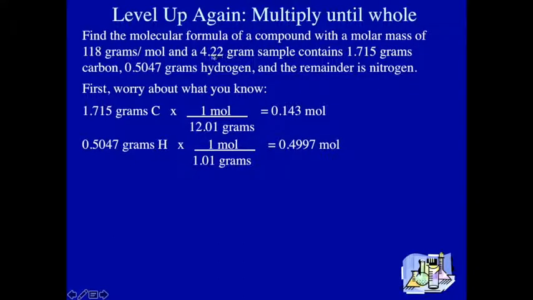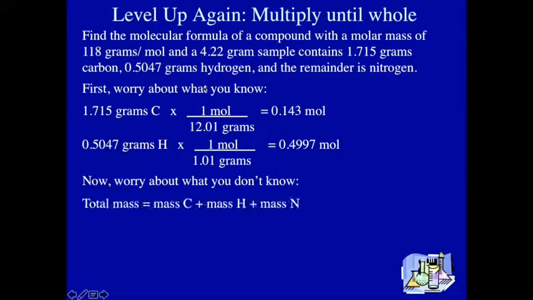I'm given that I have a 4.22 gram sample. I know that that sample contains 1.715 grams of carbon and 0.5047 grams of hydrogen. I know there are no other elements in this particular compound, which means I add my total mass of carbon to the total mass of hydrogen to my total mass of nitrogen, and I should get 4.22, which is my total mass.